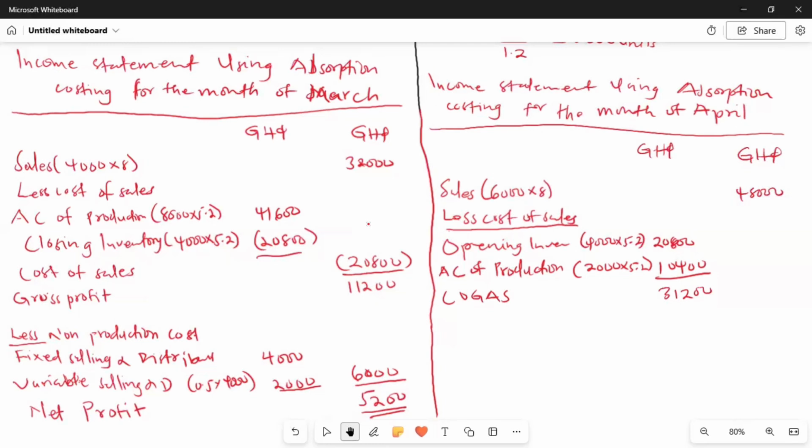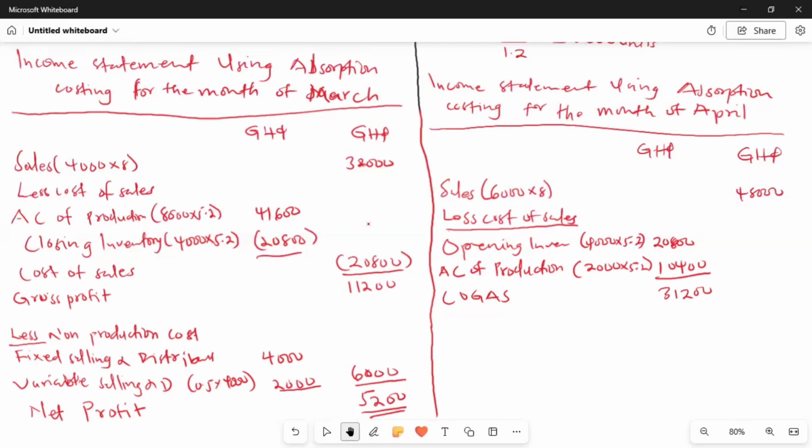So for every month you're supposed to produce 8,000 units. But in the month of April, we produced only 2,000 units. It means we produced fewer than 8,000. And the difference between the 8,000 and 2,000 is what?